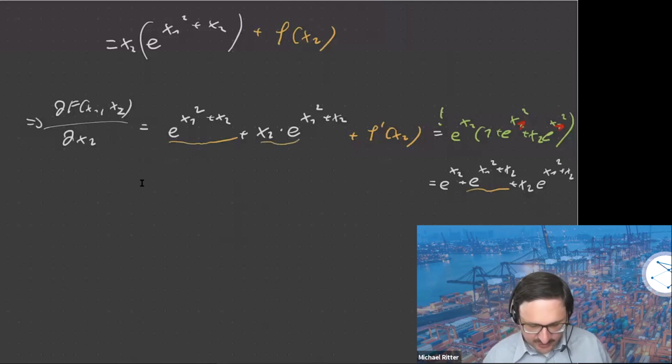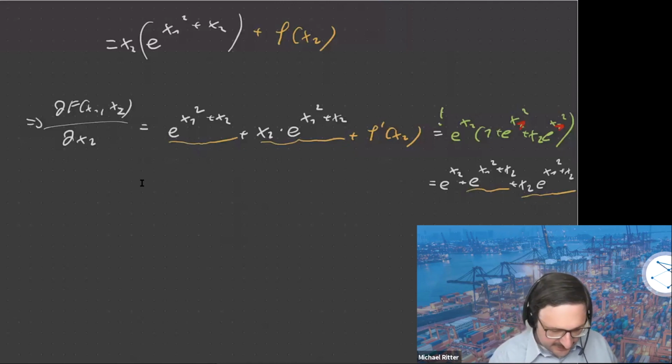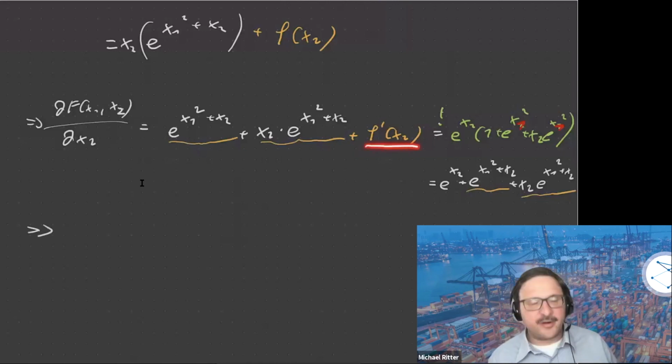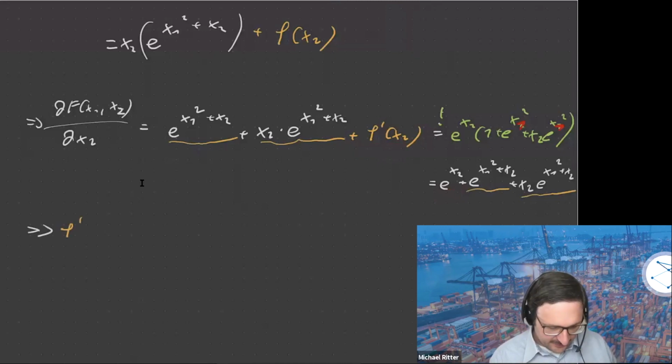Here we have x2, e to this expression, same as here. So those are identical already. So that means this leftover part here, phi prime of x2, needs to be the same as this to make things work, right? So that means phi prime of x2 is equal to e to the x2.